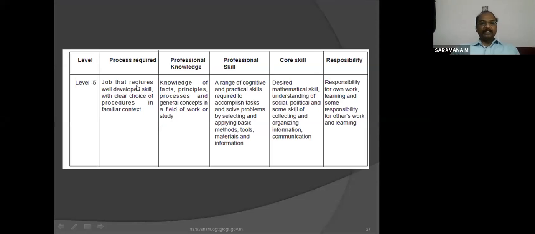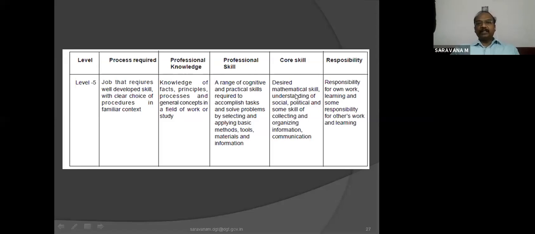Process required is a job that requires well-developed skill and knowledge. And professional knowledge is knowledge of facts, principles, processes, and general concepts in the field of work or study. So knowledge gained is professional knowledge. And professional skill is, he has learned the knowledge and he has to apply that in practical skill.